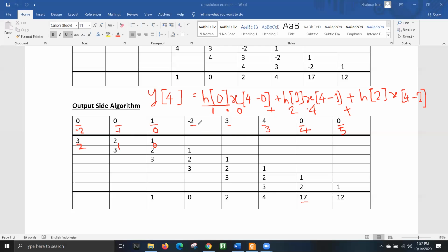Wait, is this correct? Yes, minus 2 times h2, which is 3.